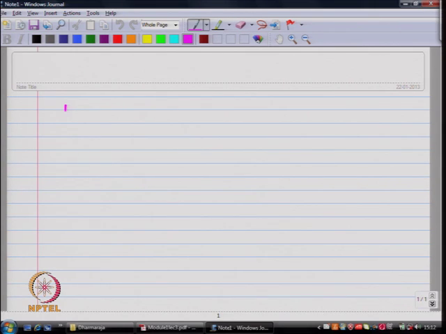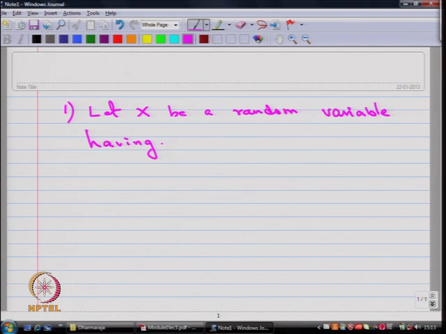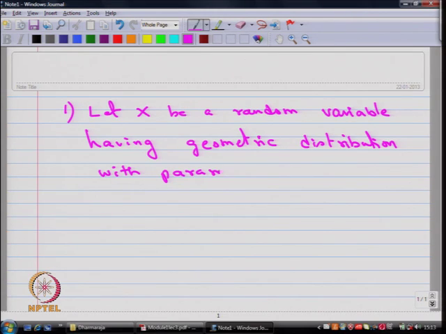Let, as a first problem, X be a random variable having geometric distribution with the parameter p.